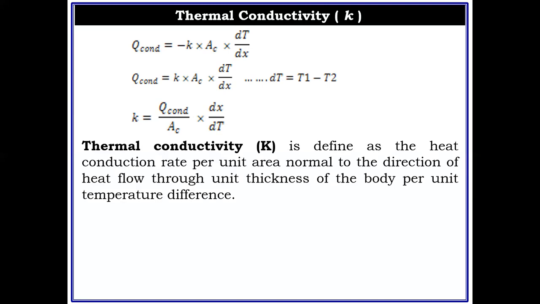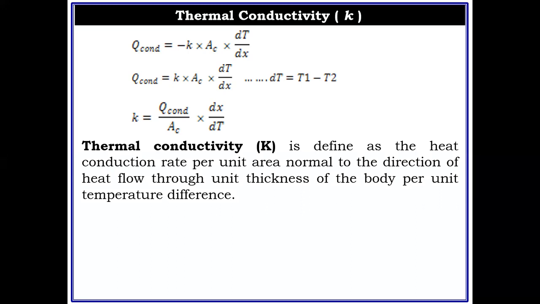Now from this, we define thermal conductivity k as the heat conduction rate per unit area normal to the direction of heat flow through unit thickness of the body per unit temperature difference.